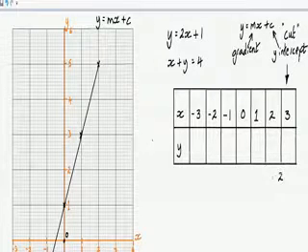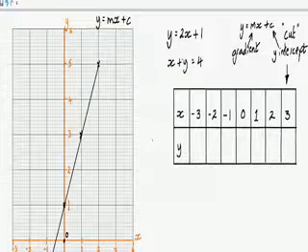Now we could, if we wanted to, put it in the form of y equals mx plus c. The y is positive where it is, so we would move the x over and we would get 4 minus x.